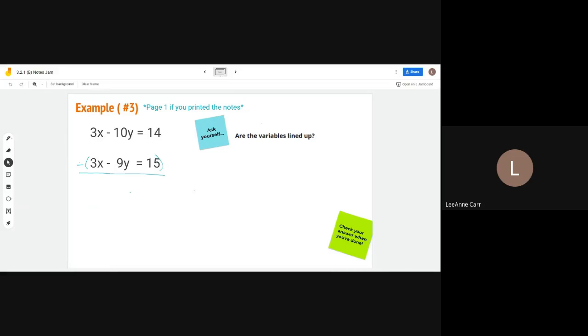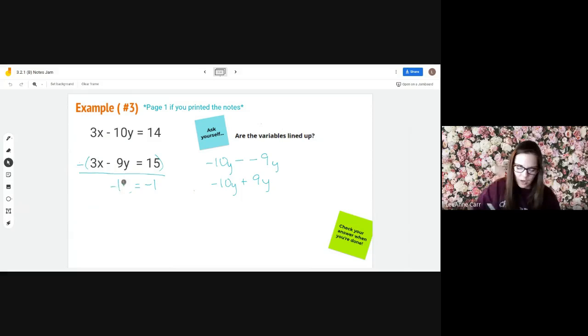When I do, let's start from the right. We're going to do 14 minus 15 to give us negative 1. Keep our equal sign in the same place. And then negative 10 minus negative 9. I could really write that as negative 10 plus 9, which would give me negative 1y.